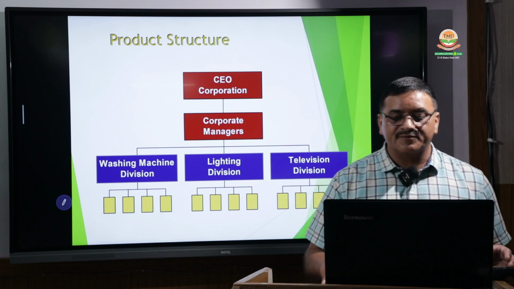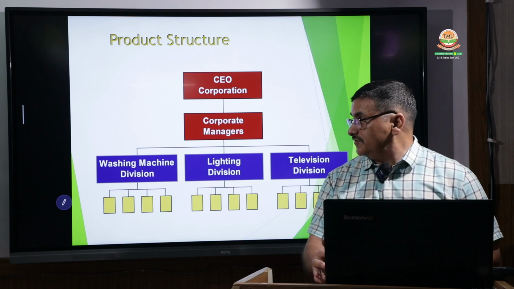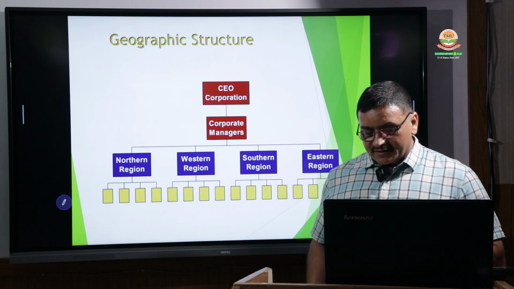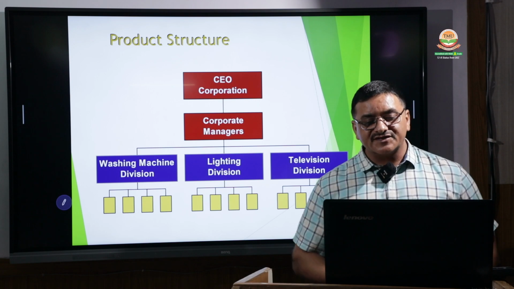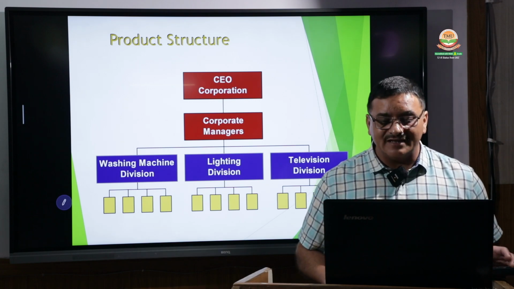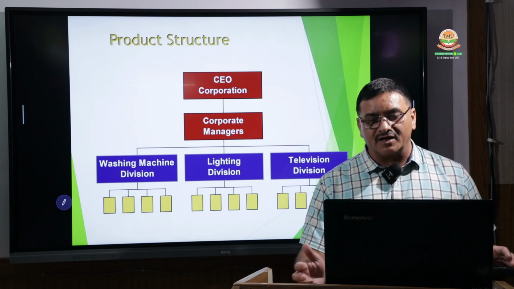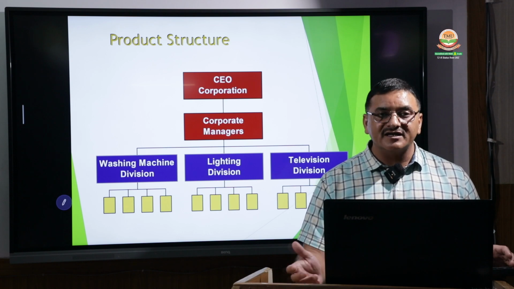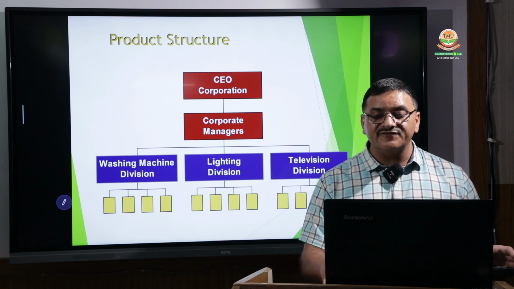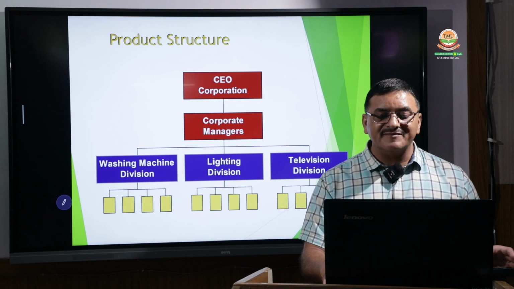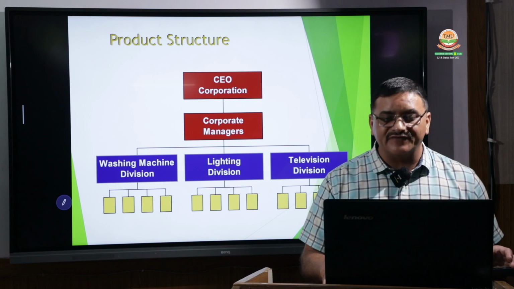Then we have product management organizations also. In the product management organization, the functional organization works well when there is a single product. But when there are multiple products and the products are very different from one another, the functional marketing organization is no longer effective.